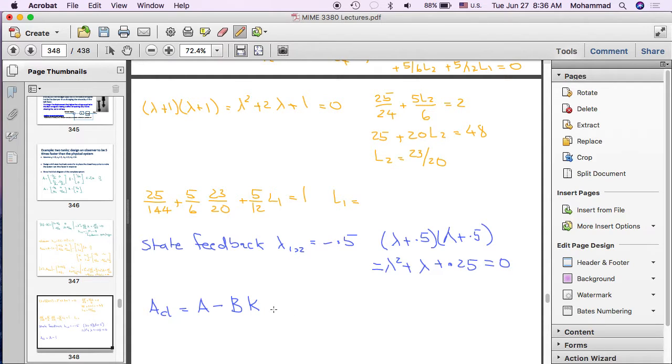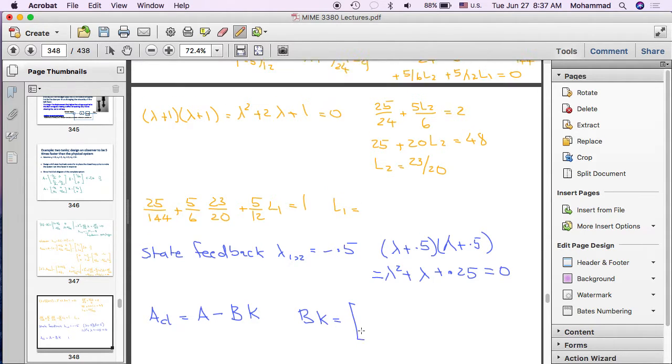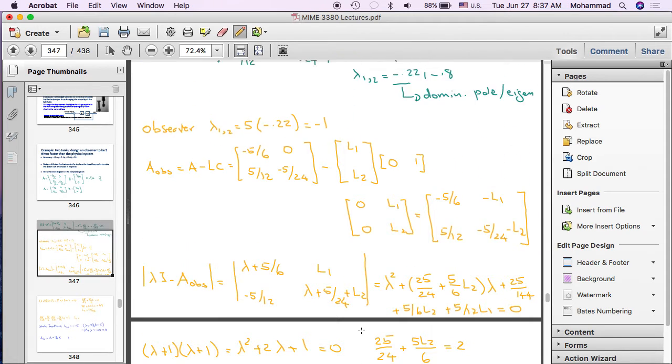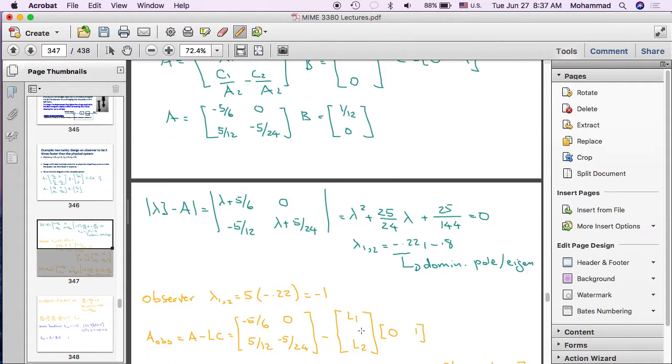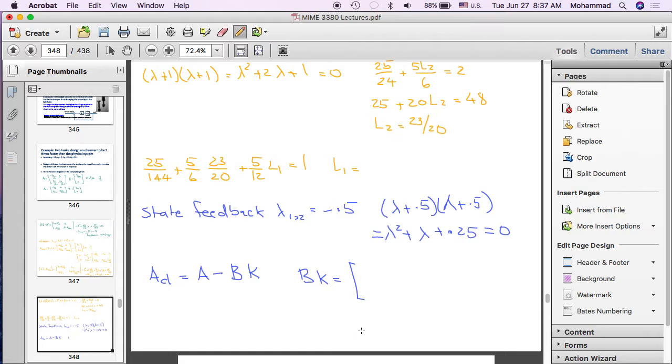So we know what A is, so let's calculate B times K. B times K is going to be equal to, what was the numerical value for B? So it's 1 over 12 and 0. This is 2 by 1, multiplied by K1, K2.